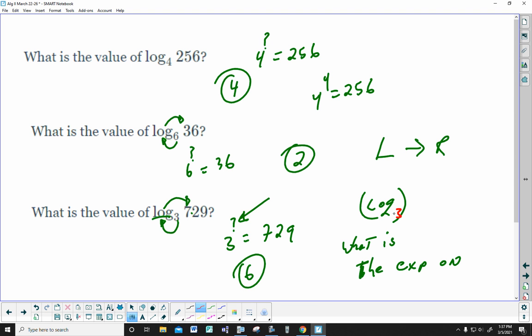What is the exponent on 3 that gives you 729? Or you could say, 3 to what power is 729? So there's a couple different ways to interpret it, but it all gets you to this place right here.